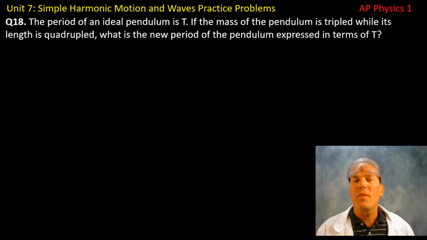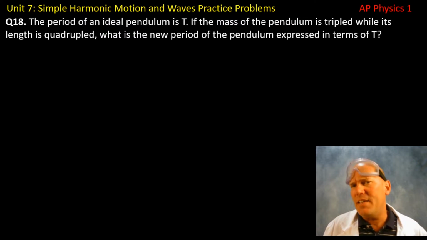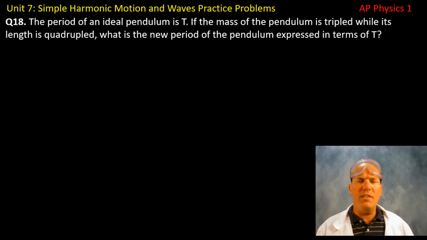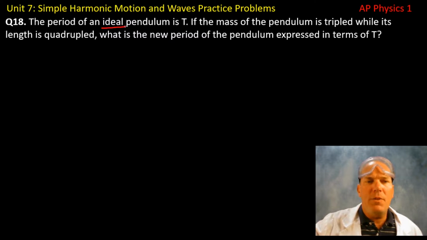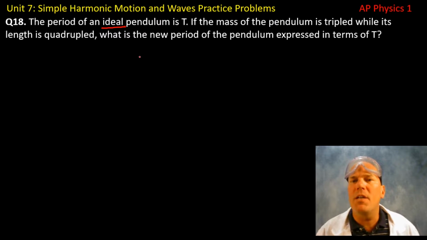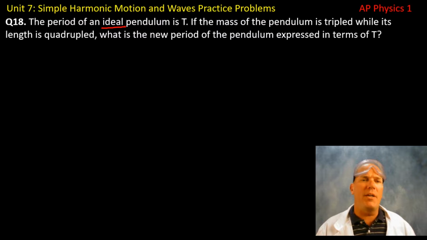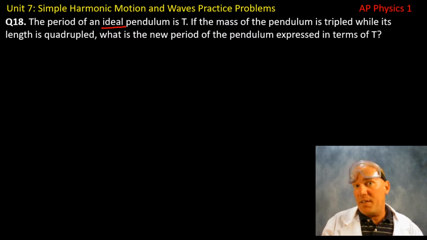Question 18. The period of an ideal pendulum is T. Now, that term ideal, you guys, if you heard me talk in the last couple problems, I mentioned the small angle approximation. So in larger angles, pendulums do not exhibit simple harmonic motion like we are studying them.